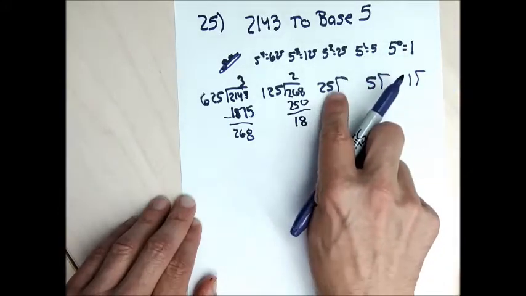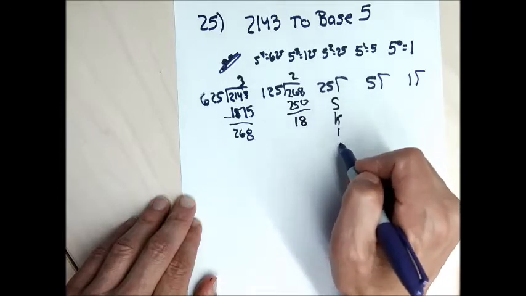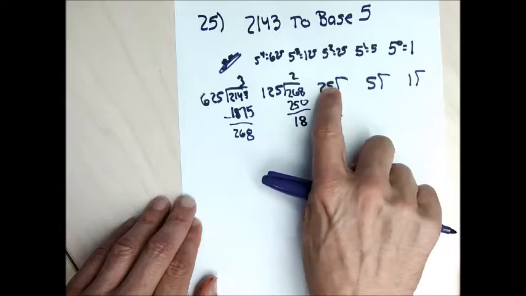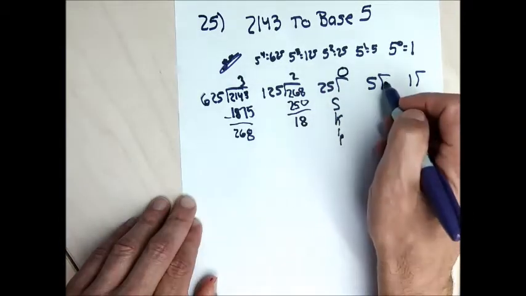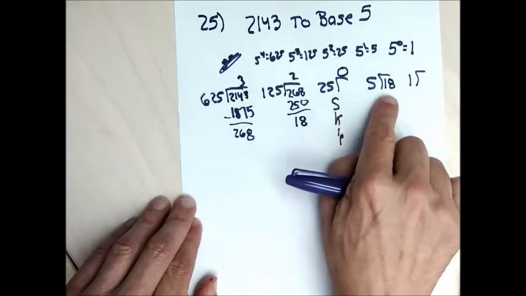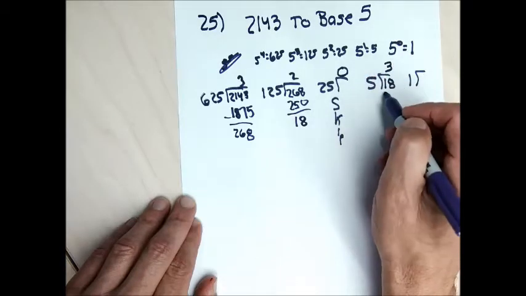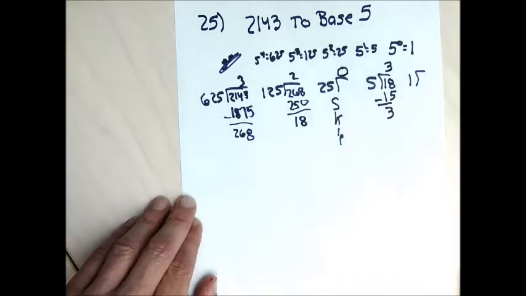Anytime the number that you get is less than the number outside the next division bar, you skip that division bar. So I'm going to skip putting the 18 under there because 18 is less than the 25. Put a 0 on top of that division bar, bring the 18 over, and let me do this in my head. 5 goes into 18 3 times. 3 times 5 is 15. 18 minus 15 is 3.